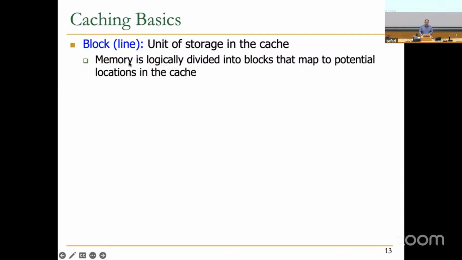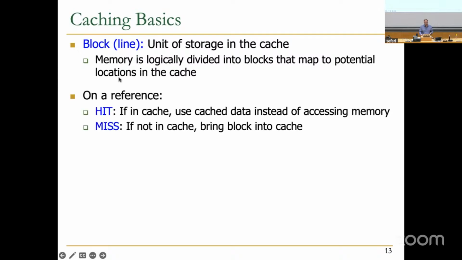But essentially, memory is logically divided into blocks that map to potential locations in the cache. On a reference, meaning when the processor, for example, requests loading a memory address, can be a byte, you have a hit if it is in the cache, and you use the cache data instead of accessing memory.